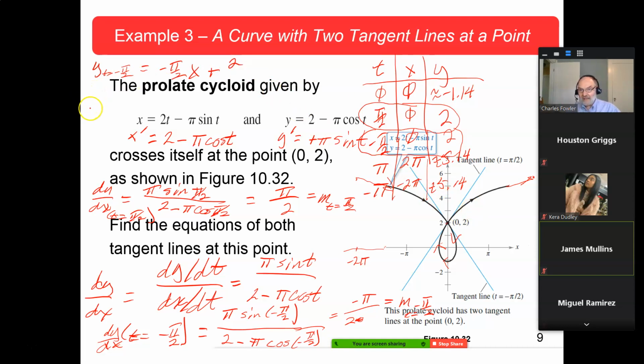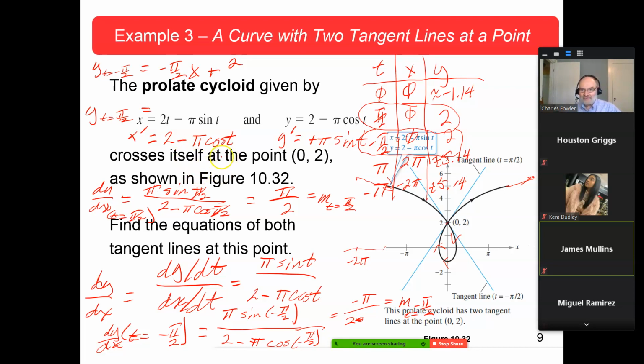And the equation when t is equal to positive pi halves is going to be pi halves. There's just too many pi halves here. Yeah, t is equal to pi halves, but the slope's pi halves too.